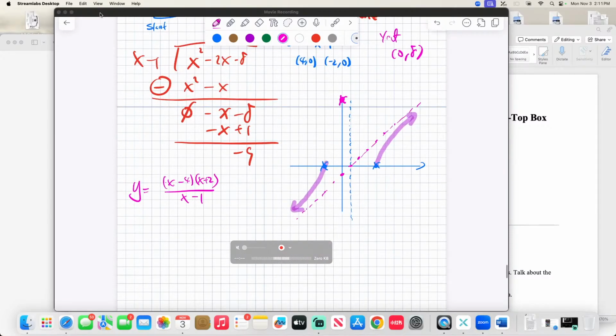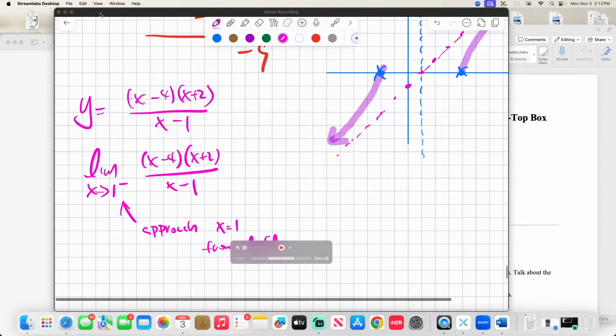So what we can do is take the limit as x approaches 1 from the left side. So this means approaching x equal to 1 from the left of x minus 4, x plus 2 over x minus 1. So approaching x from the left.